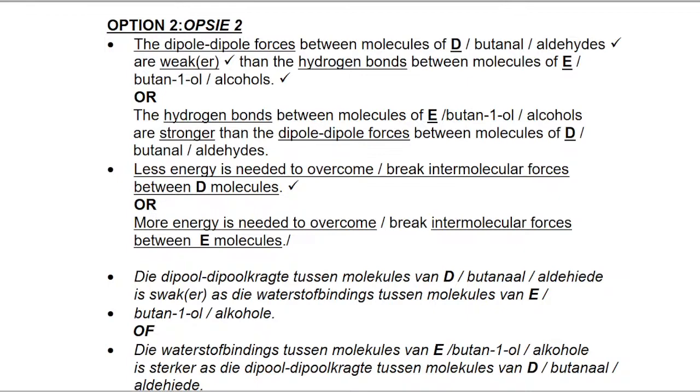So obviously you have 3 marks given there. And then the second bullet, less energy is needed to overcome or to break intermolecular forces between the molecules, or the learner can say more energy is needed to overcome the intermolecular forces between the E molecules. So that will be our 4 marks.